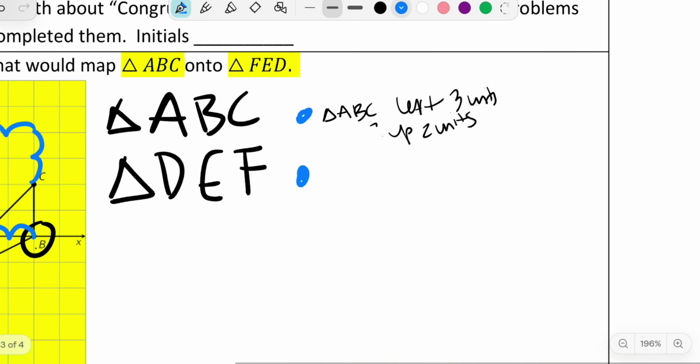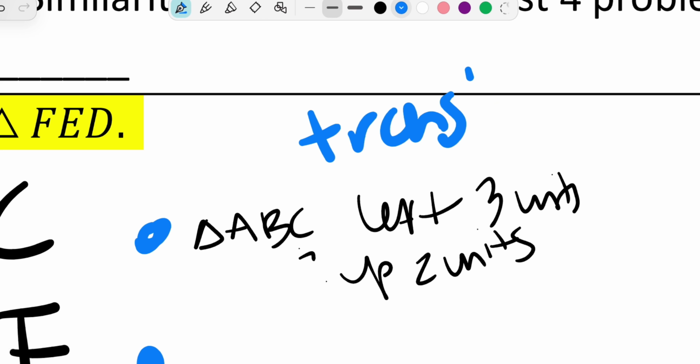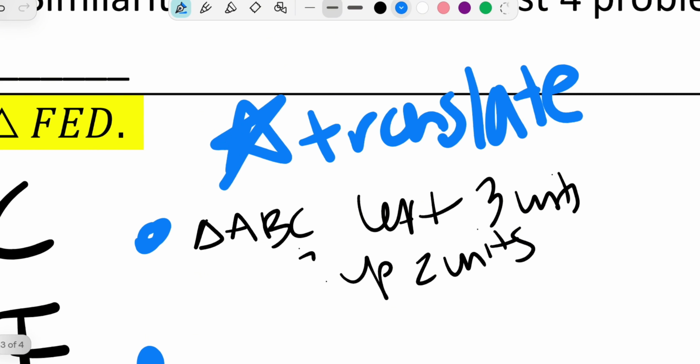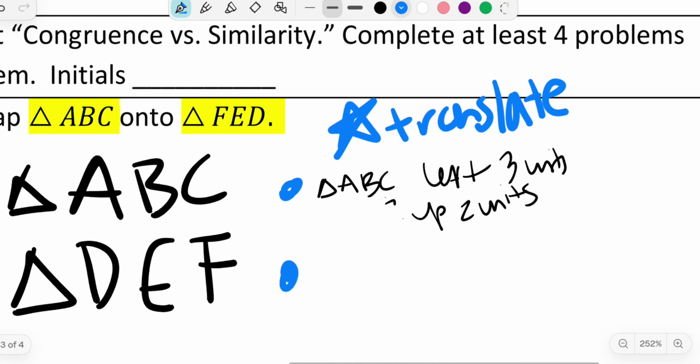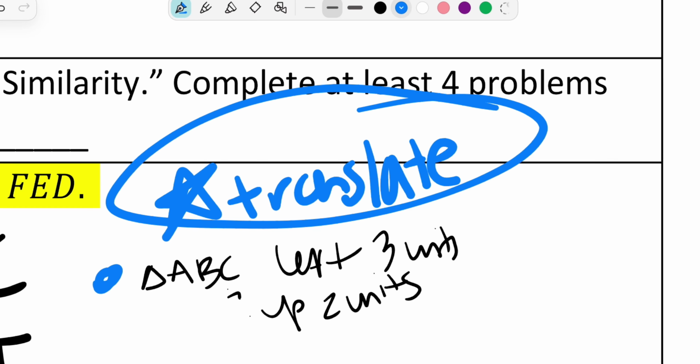Okay, guys, I actually forgot the most crucial step. Translate. This word, guys, if you don't have this word on there, nothing counts. You have to translate triangle ABC left 3 units and up 2 units. Translations is what this whole unit is about: translations, dilations, things like that.